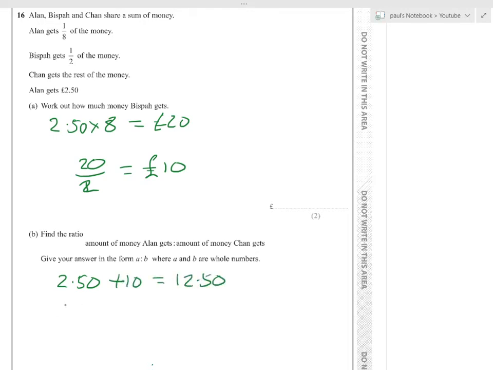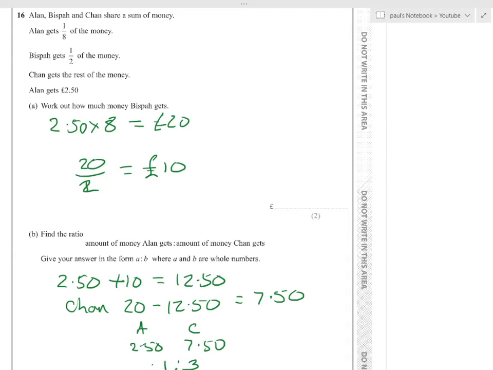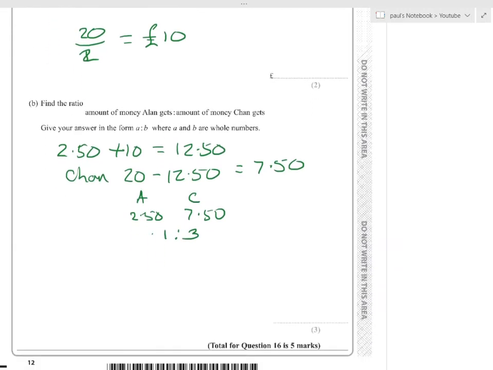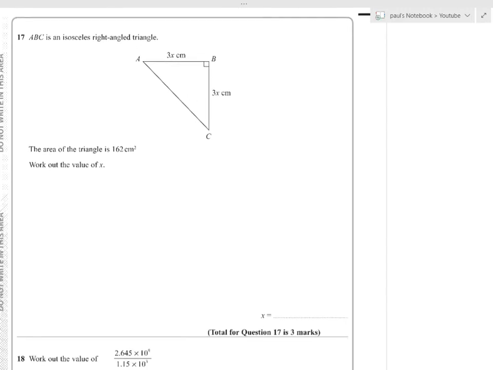So Chan gets £20, take away the £12.50, which equals £7.50. Right, so here's Alan with his £2.50, and here's Chan with his £7.50. So that's 1 to 3. Oh, wrong way round. The names confuse me.